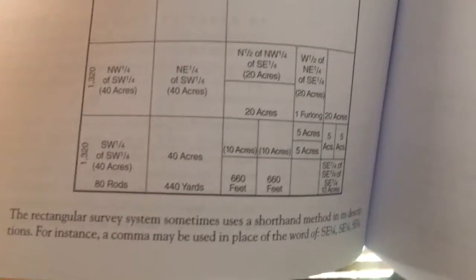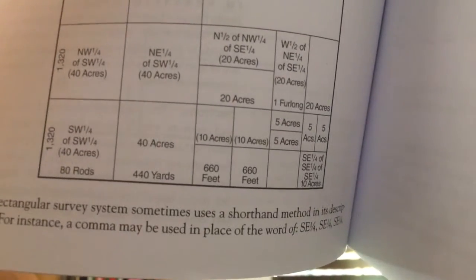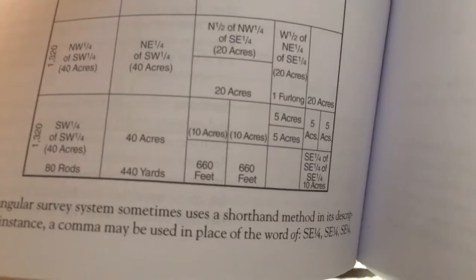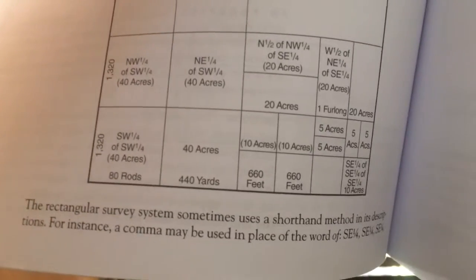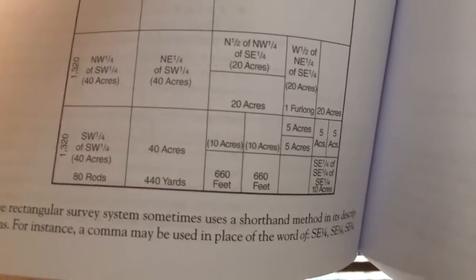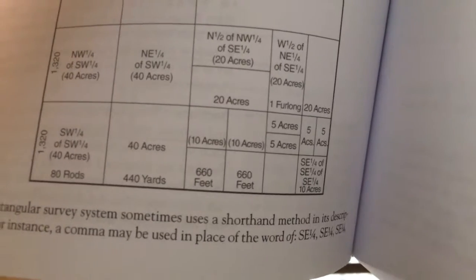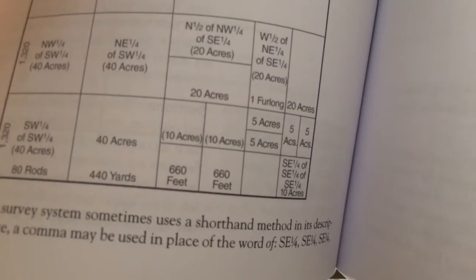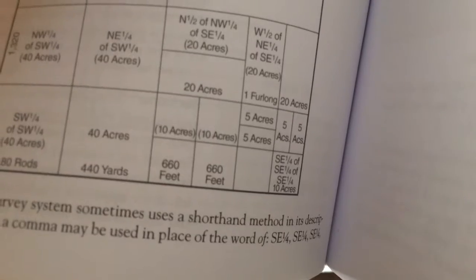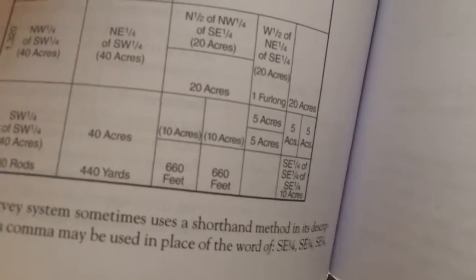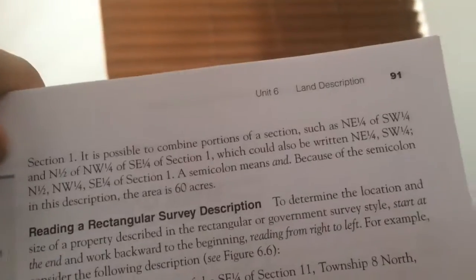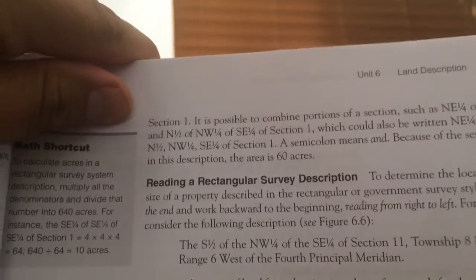The rectangular survey system sometimes uses a shorthand method in its descriptions. For instance, a comma may be used in place of the word "of": southeast 1/4, southeast 1/4, southeast 1/4. Page 91, section 1.